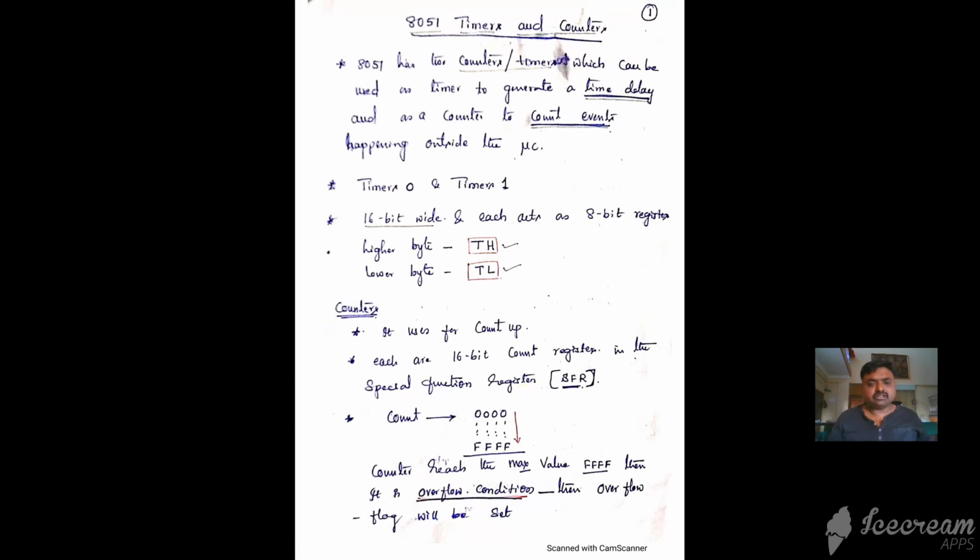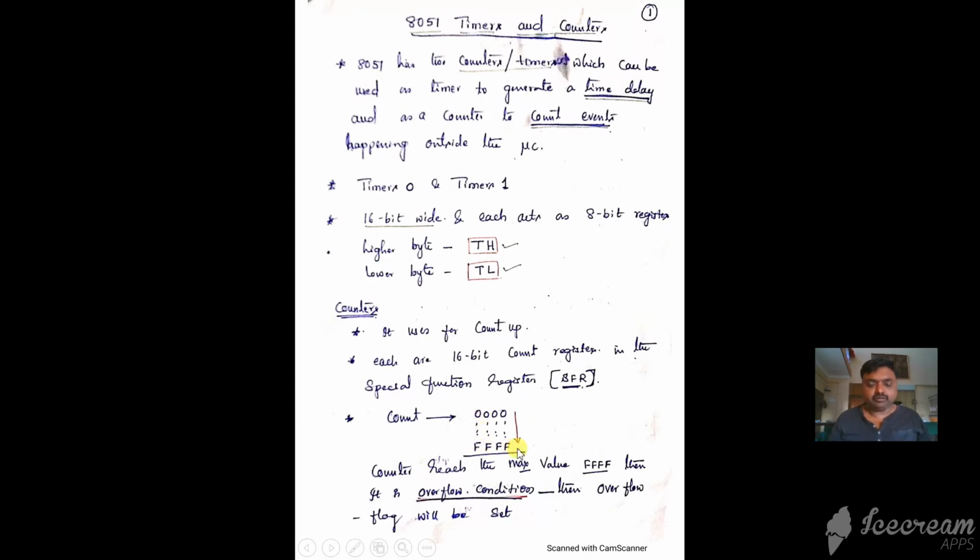Once I start the counter, it is incremented with respect to the clock frequency of your 8051. It takes an automatic delay, incrementing one by one.